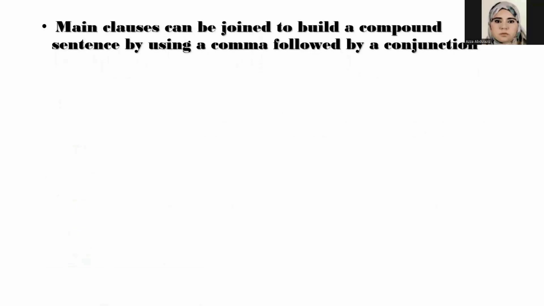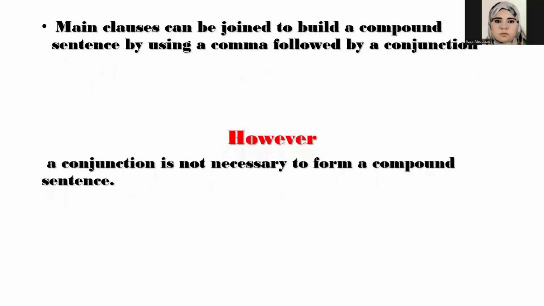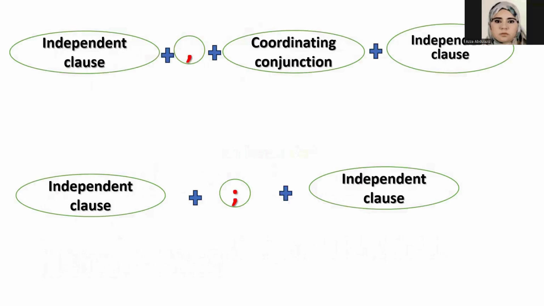Okay, but I want you to note that main clauses can be joined to build a compound sentence by using a comma followed by a coordinating conjunction. But we have another technique to form a compound sentence: a conjunction is not necessary, because sometimes we can use a semicolon. So a semicolon may be used to join two main clauses without a conjunction. It would be something like this.